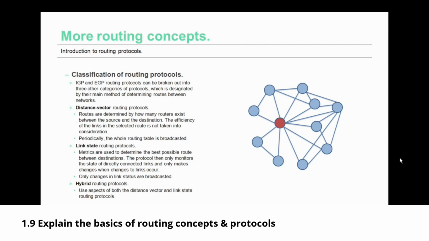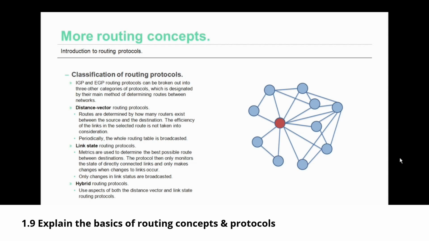With distance vector routing protocols, the routes are determined by how many routers exist between the source and the destination. The efficiency of the links in the selected route is not taken into consideration. With distance vector protocols, periodically the whole routing table is broadcast out onto the network.